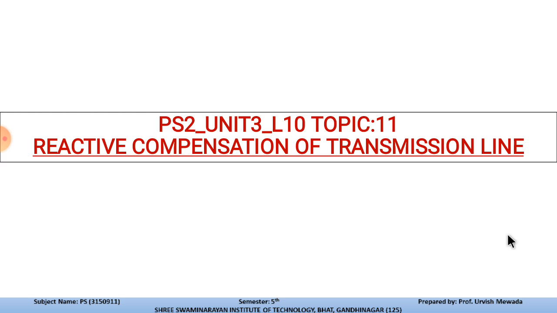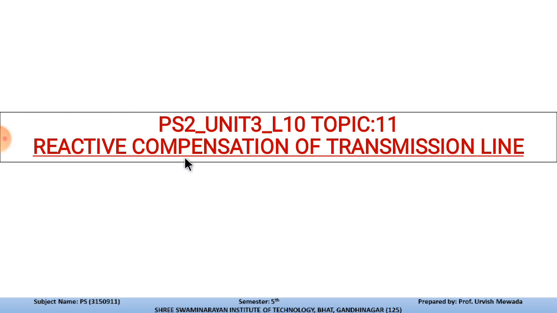Due to this they oppose the main power, and so the receiving end power will reduce, or the receiving end voltage will reduce. So due to this reason we need to compensate the reactive power.